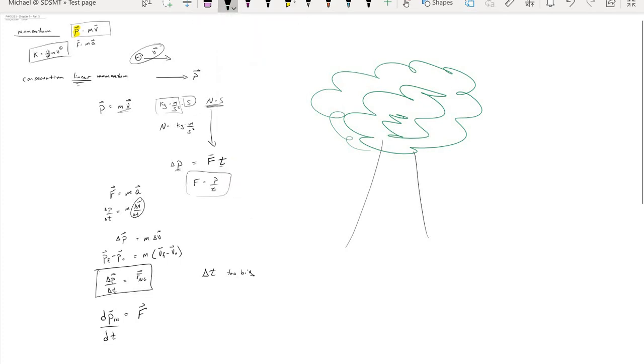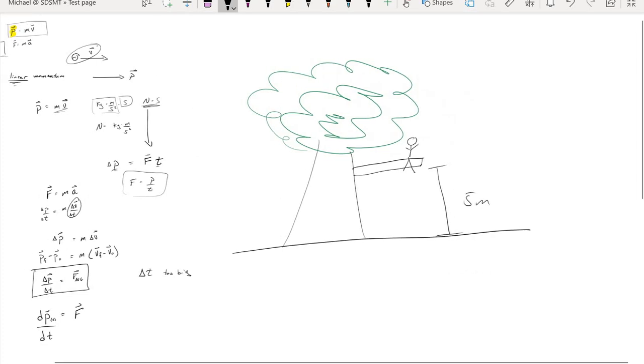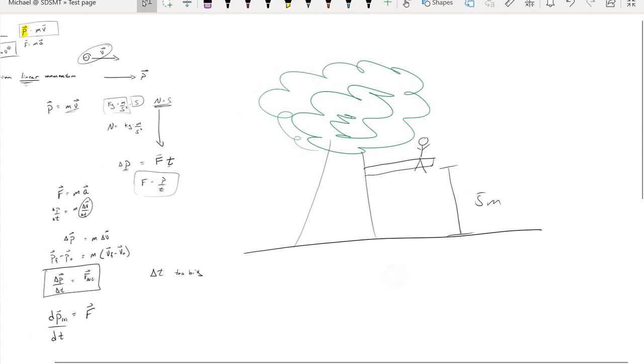There's a child that climbs out onto the branch, sitting on the branch there. We'll say the branch is about 5 meters from the ground. And then it's lunchtime. So the child has to get out of the tree.